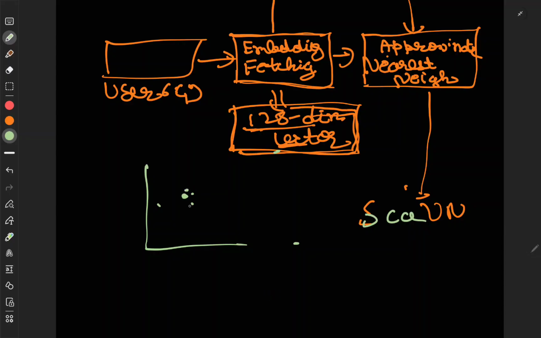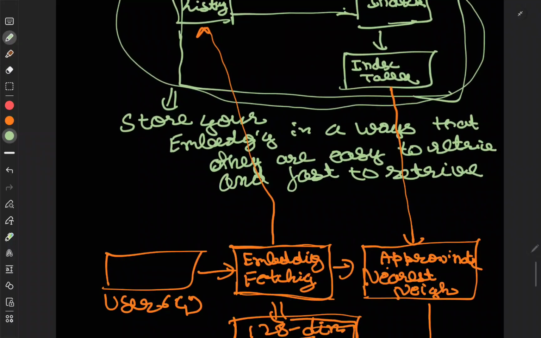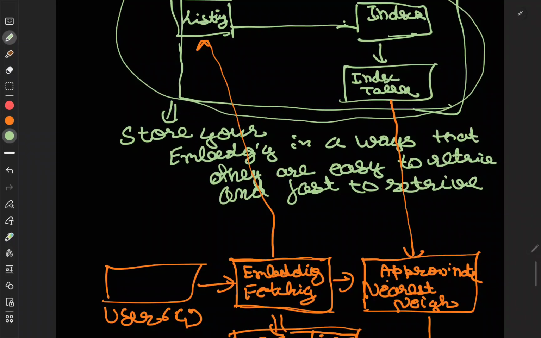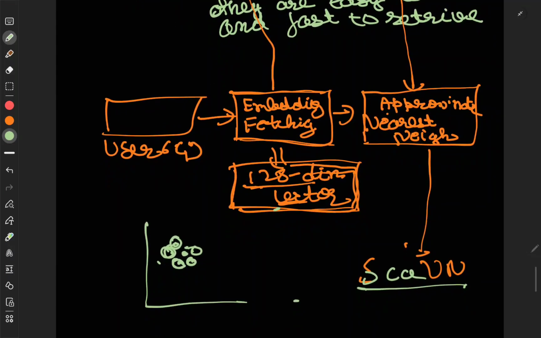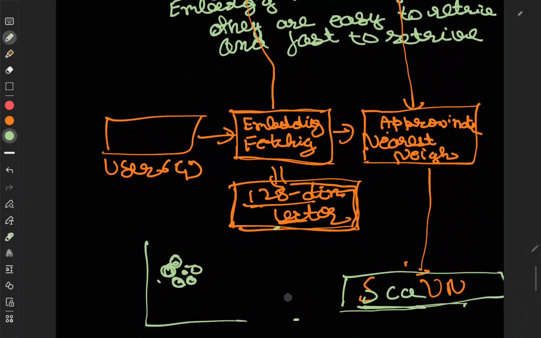So it will try to bring these embeddings to it. So this particular algorithm, which was developed by Google, will try to bring these particular embeddings near to this. And it has an index table, and it will just fetch the embeddings which are near to this. I don't want to deep dive into this because it will take a lot of time if I start teaching what this algorithm is.